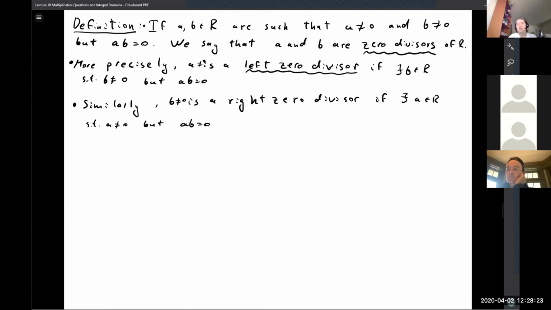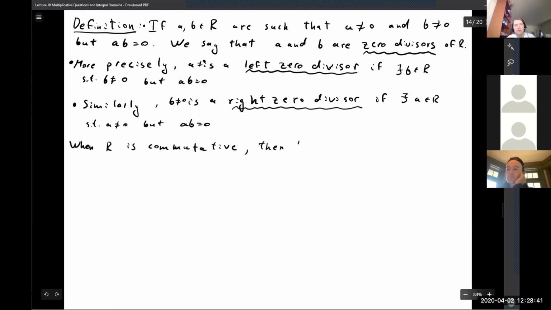So when a ring is commutative, it doesn't matter. When R is commutative, then left and right 0 divisors coincide.